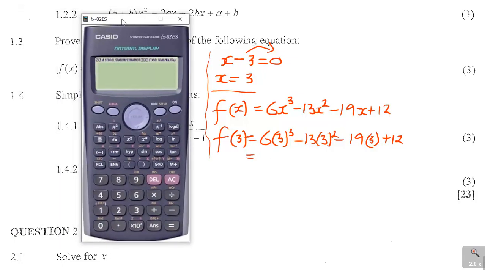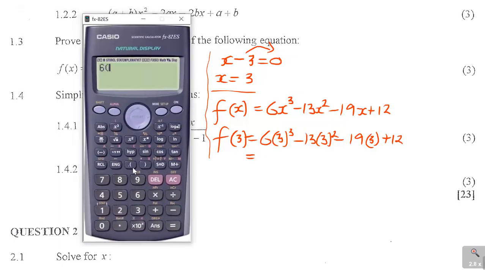Now whenever you are proving that it is a factor, if it gives you a 0, then it is a factor. You just need to be careful with how you input your values. You can see that this is giving me a 0.